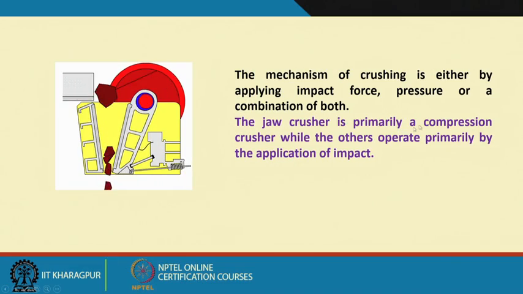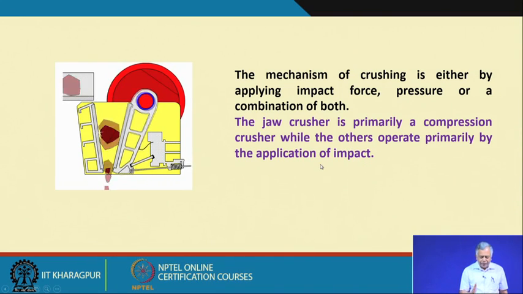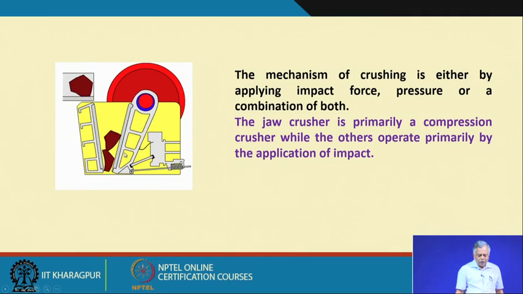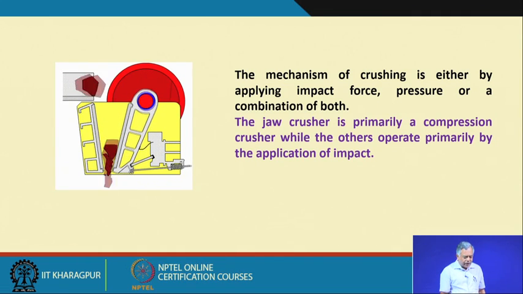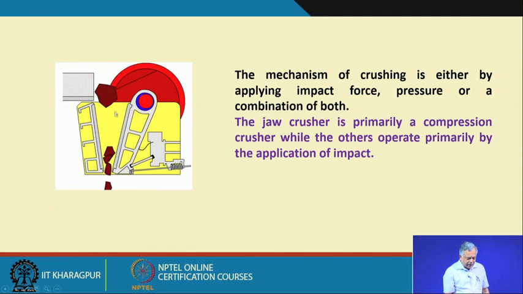Jaw crushers are primarily compression crushers, while other crushers operate primarily by the application of impact. Interestingly, you can see that almost 50% of the time of the jaw crusher is being utilized for the material flow. So, 50% of the time it is withstanding the compressive force or impact and the material is getting broken, and the remaining 50% of the time you are making the passage for the particles to pass through.